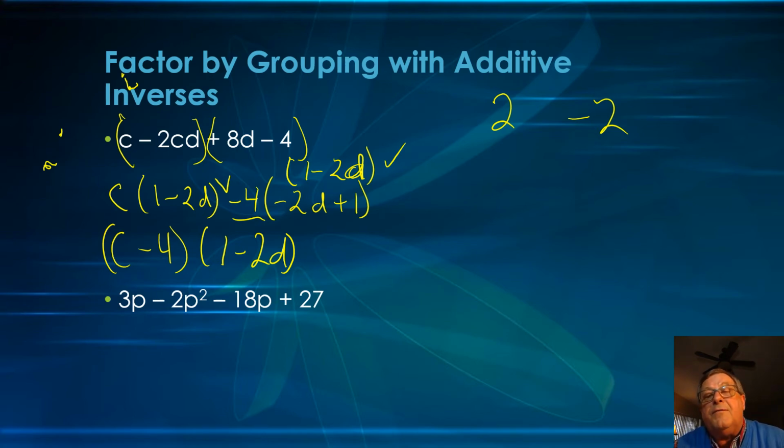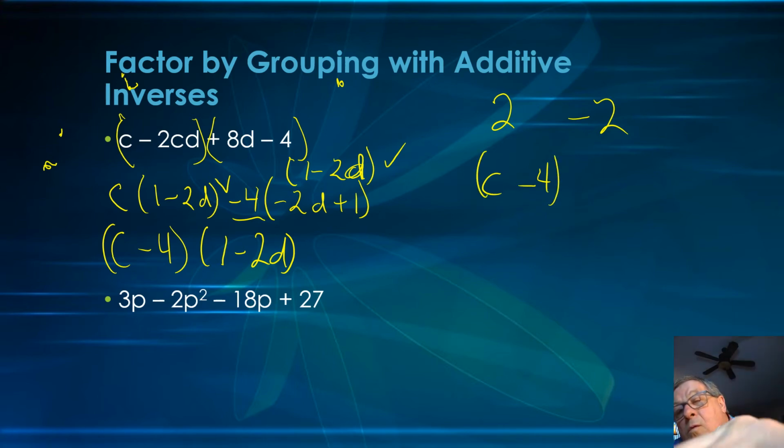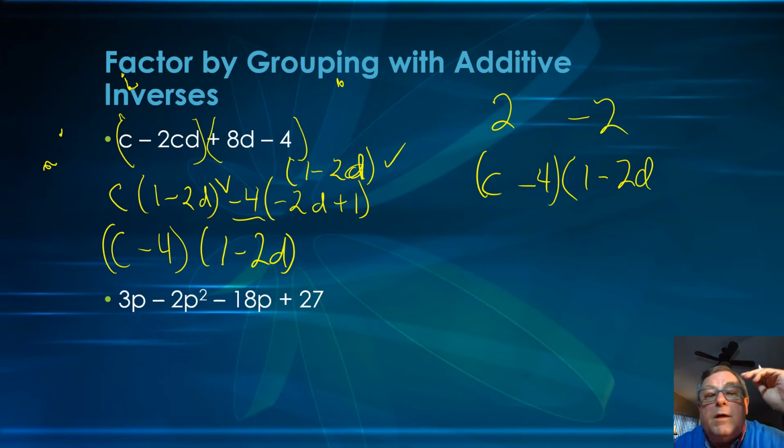If we have any doubt about that, how about we just FOIL it? Let's see, c minus 4 times 1 minus 2d, and see if we can come up with something like our original polynomial.